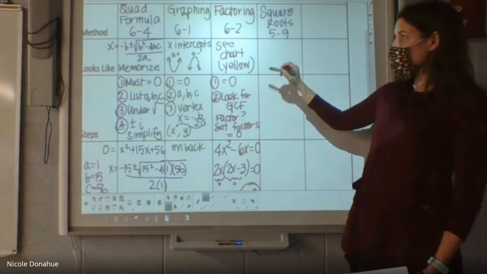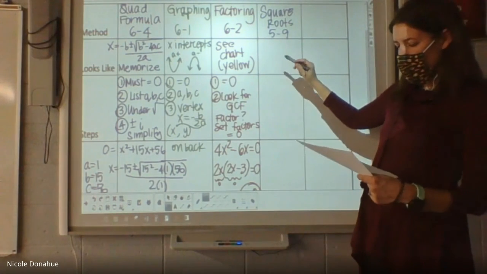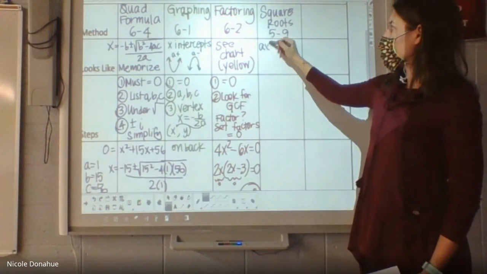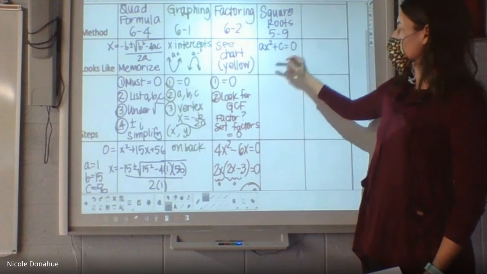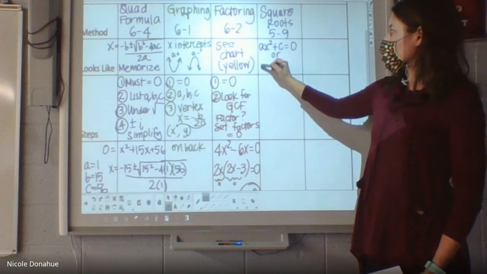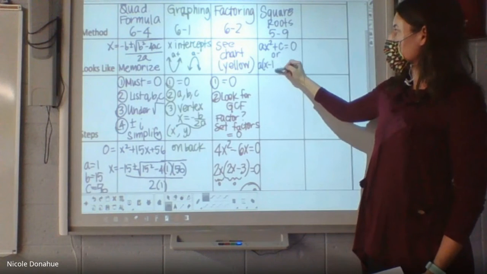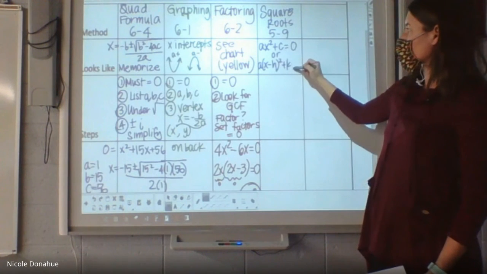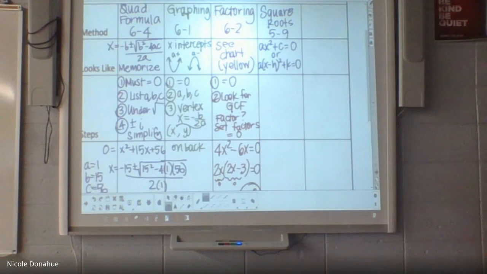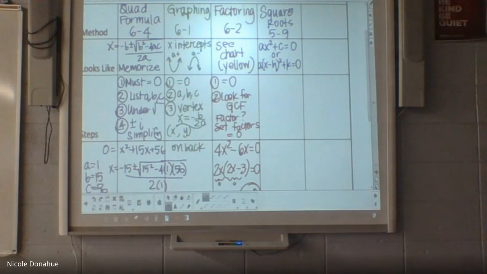So we want to isolate what's being squared. So this one could look something like this. It either has just an x squared or the parentheses squared.